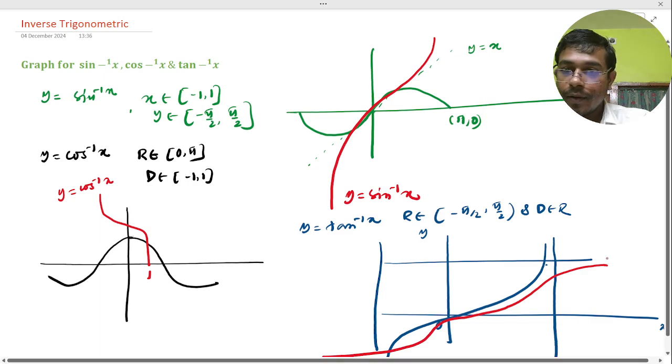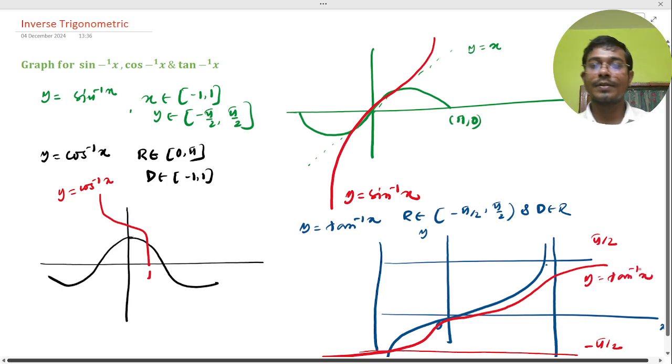This would be the pi by 2, and this is the lower half section, minus pi by 2, and this one is for y equal to tan inverse x.